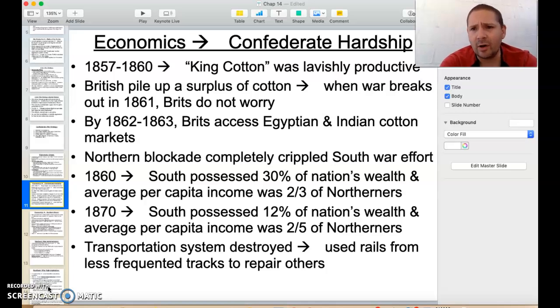The British, who had been the South's largest purchaser, are now not really in need of the cotton from the South. Particularly also because they knew the war was coming, so they stocked up on Southern cotton. So the cotton prices go down.